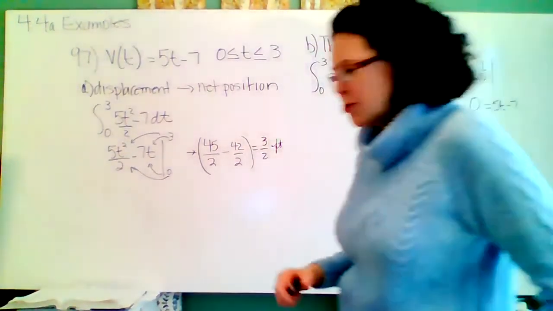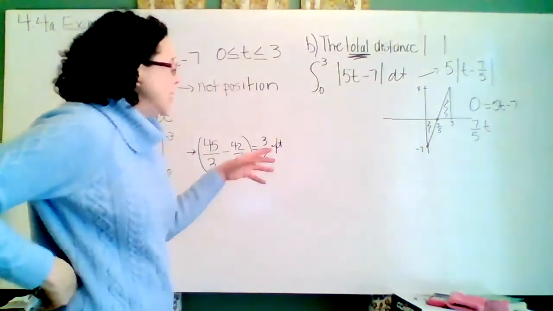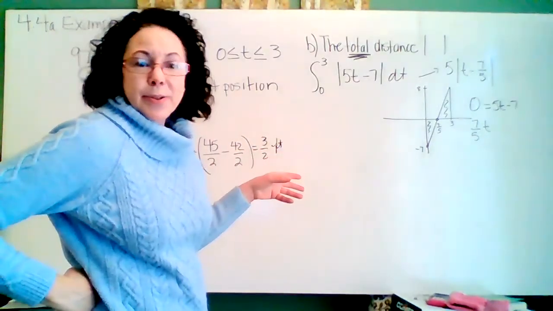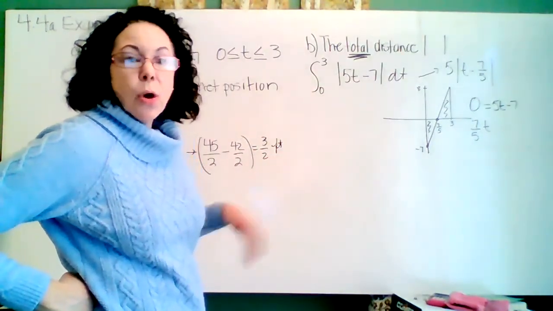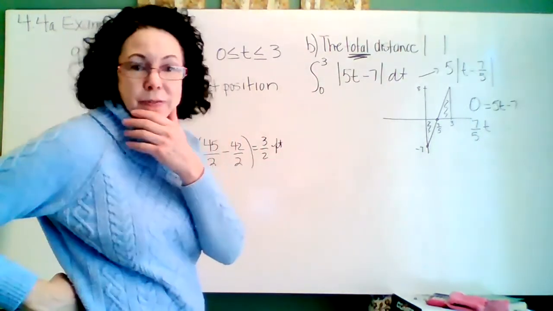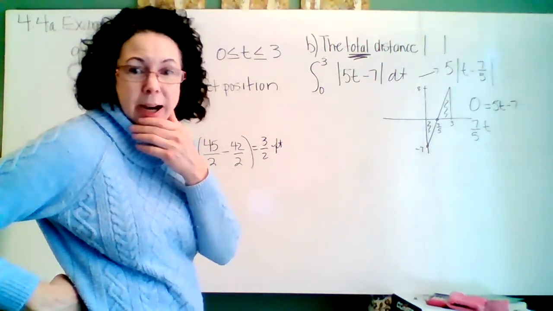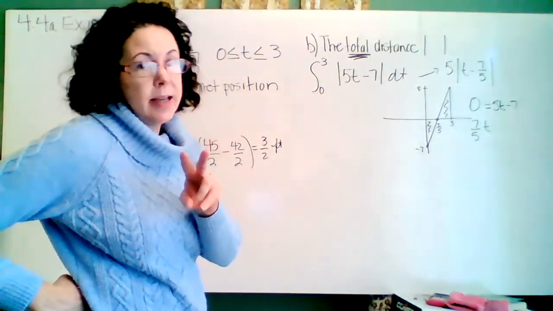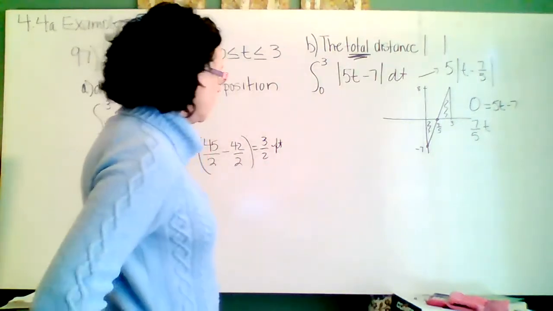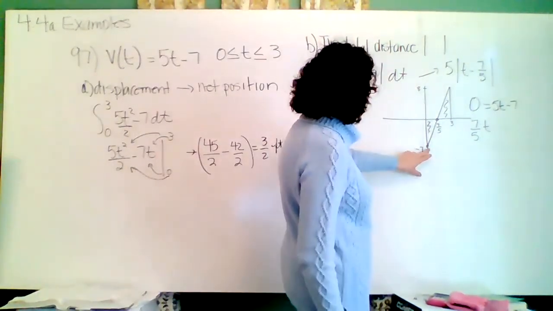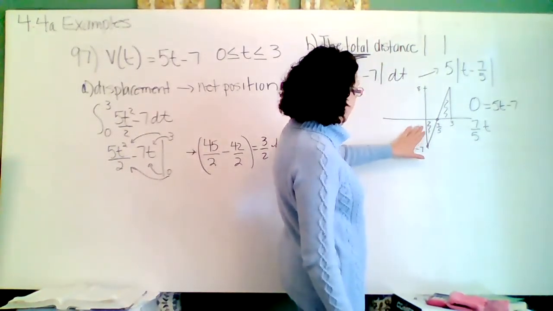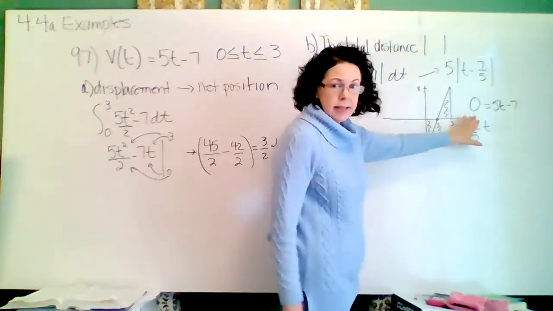Now, this is kind of interesting because these are triangles, right? So I could just find the area of those triangles and make them both positive. So there's 2 ways I can handle this. First of all, I could break up my integration into this area and this area.